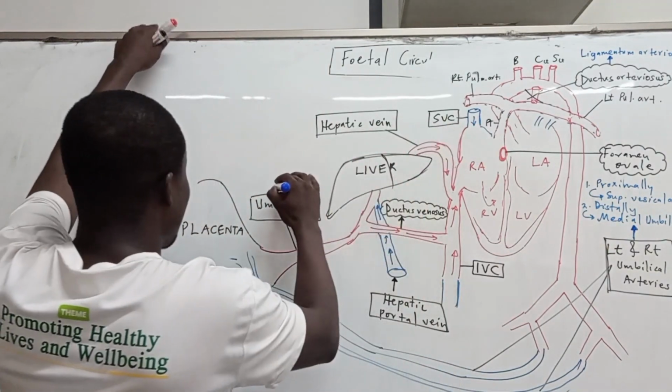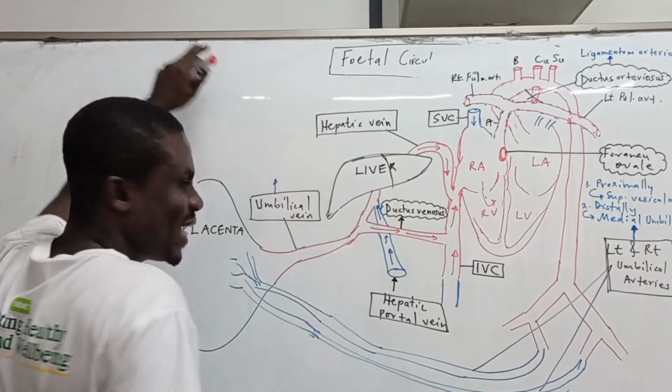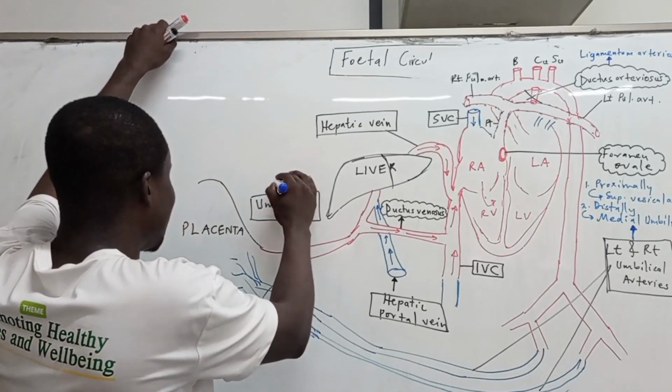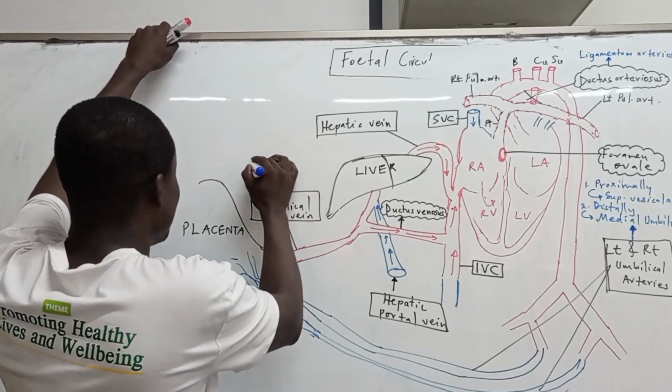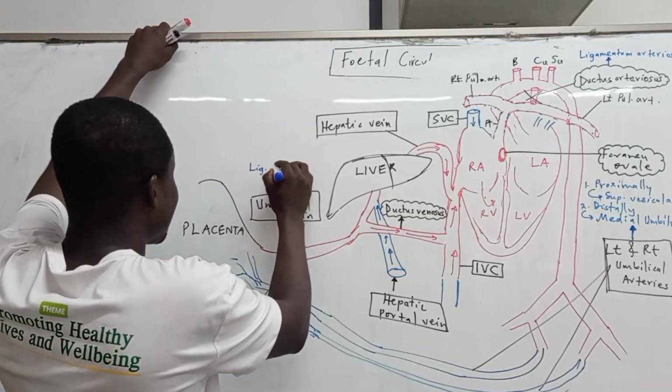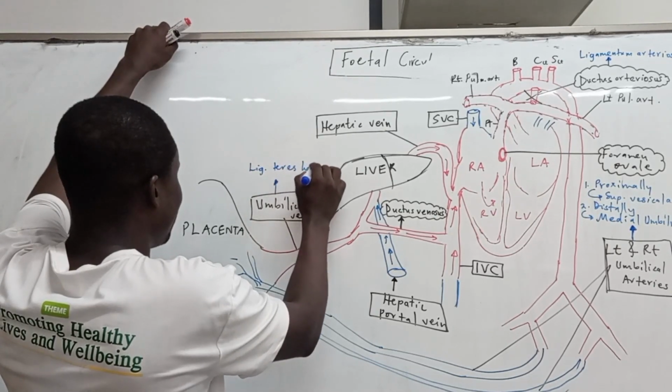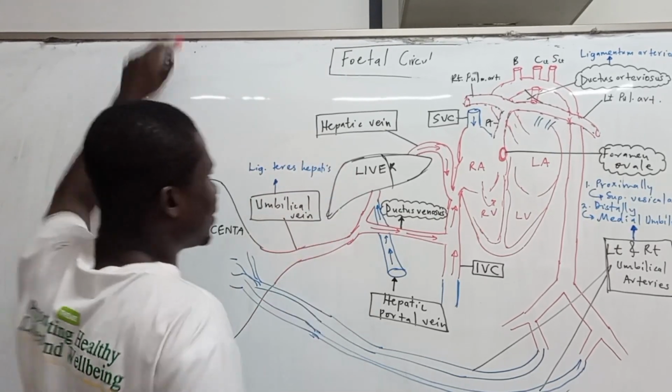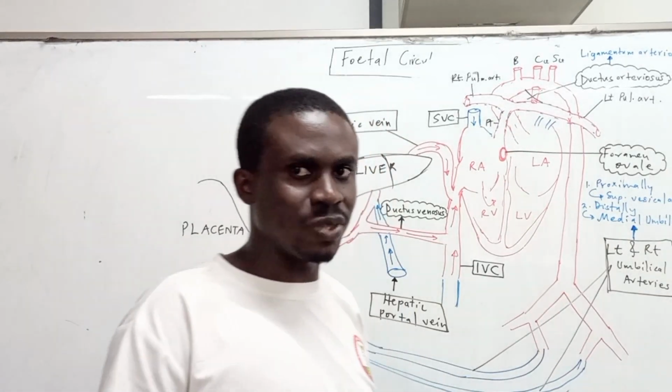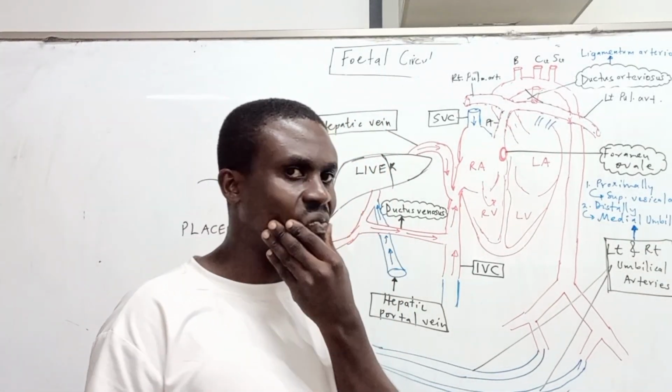So the left umbilical vein will become the ligamentum teres hepatis.